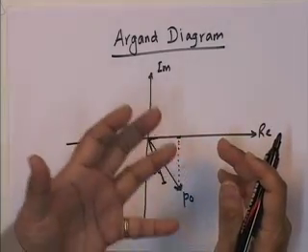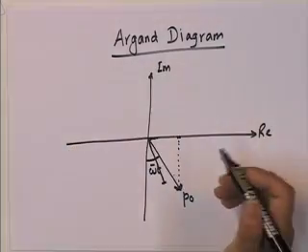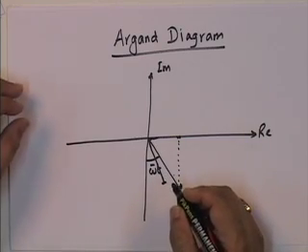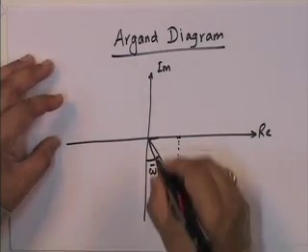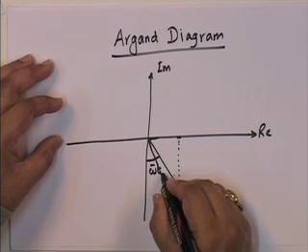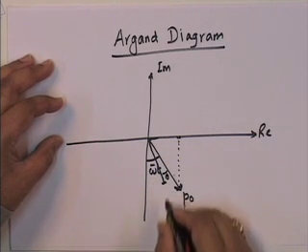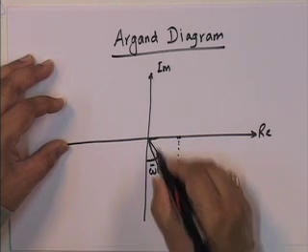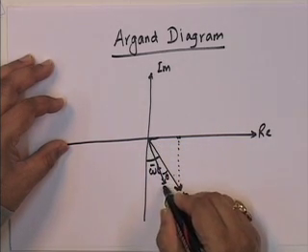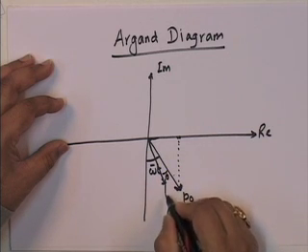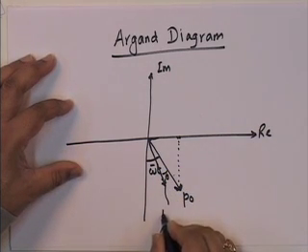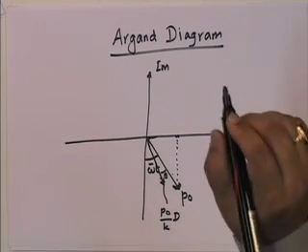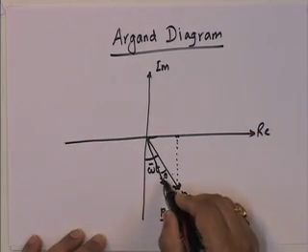The P naught should be plotted on a force complex plane, and these should be the displacement complex plane. I am just drawing them on the same axis. It does not really matter. This represents theta, and the amplitude is given by P naught upon k into d. So, this is your displacement.